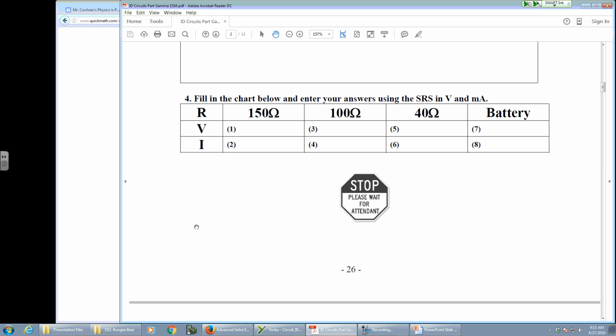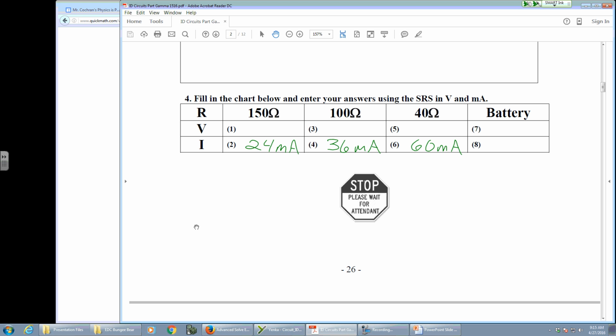Because I know it's either I2 or I3, and 150 is bigger than 100, so it's going to have less current. Right? Because electrons are lazy. They don't want to go through the big one. So less are going to go through. So for me, it was I3. And through the 100 was I2. Through the 40, oh, that was I1.